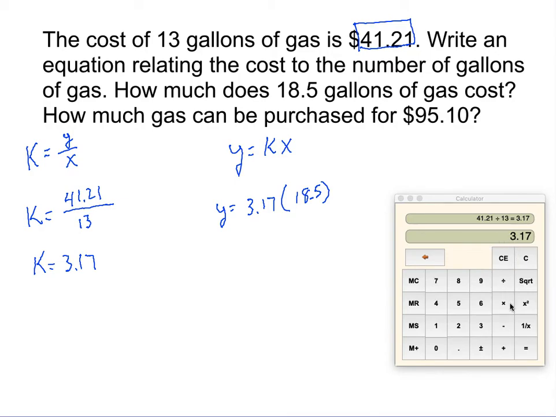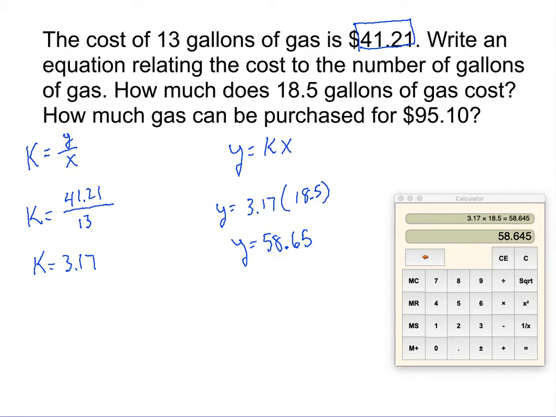So 3.17 times 18.5 equals $58.645, but we know we don't pay half cents, so we're going to round that up to 58.65.